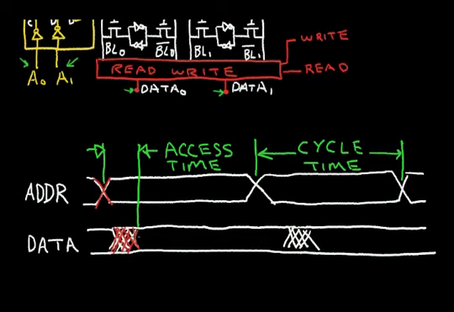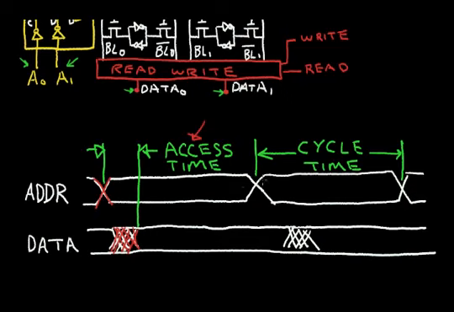For example, this could be a worst case process, the temperature might be hot, maybe my supply is at a low level, and the data could take a longer time to become valid. The time that I must wait for my data to become valid after applying the address is called the access time.